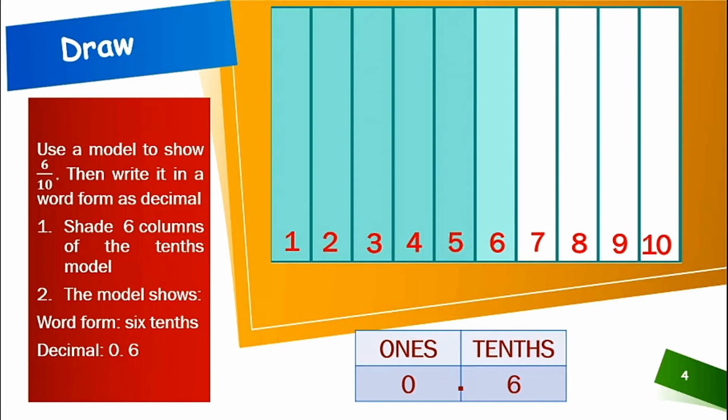So we shaded 6 columns. In word form, it is 6 tenths. In decimal, it is 0.6. In our decimal place value chart, it looks like this. Our ones is 0, we have the decimal point, and our tenths place is 6.